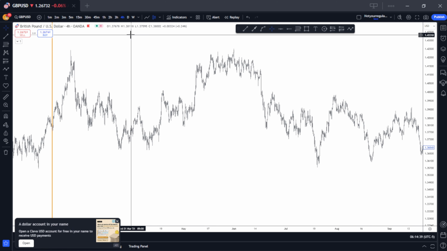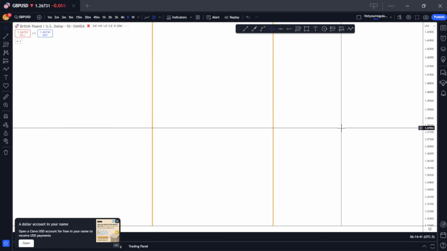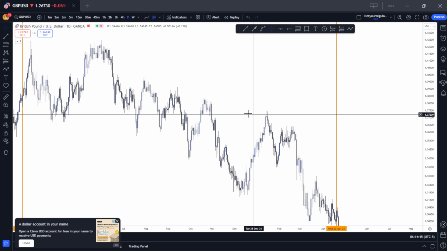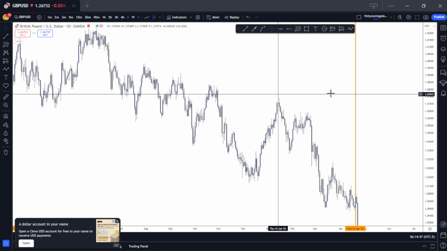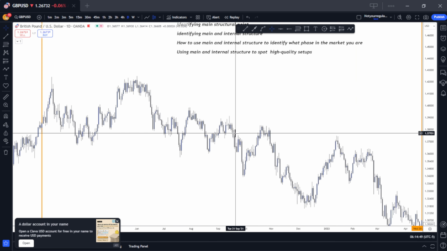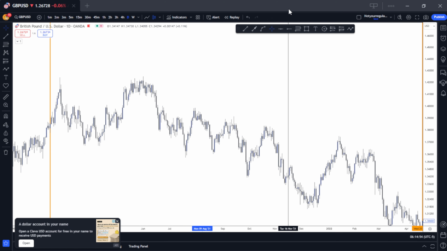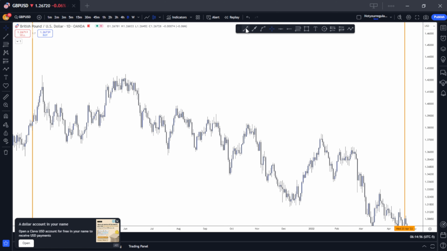So for example, as we can see, the market is bearish here.